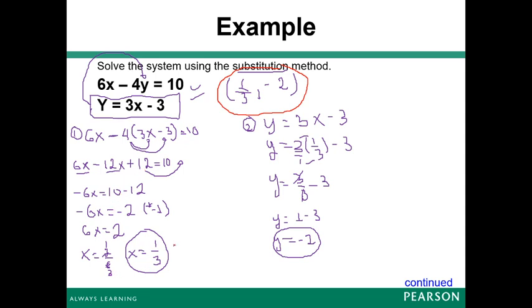Later, with the answer of x, substitute this number into the other equation, and simplify the expression. Look at that. And we have y and x as the solution of this method.